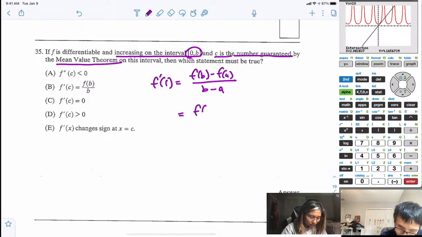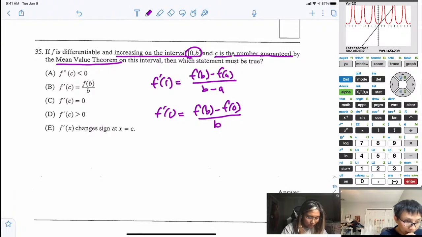So that means f of b minus f of 0, over b, is f prime of c. It's just over b, because a is 0. Does that make sense?